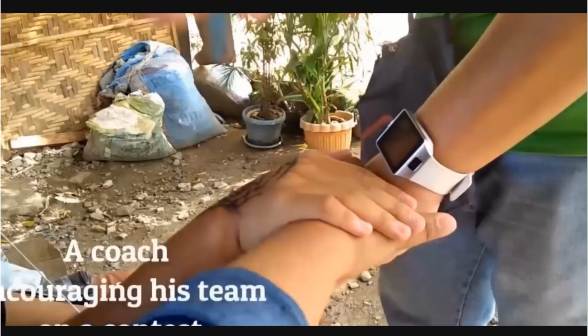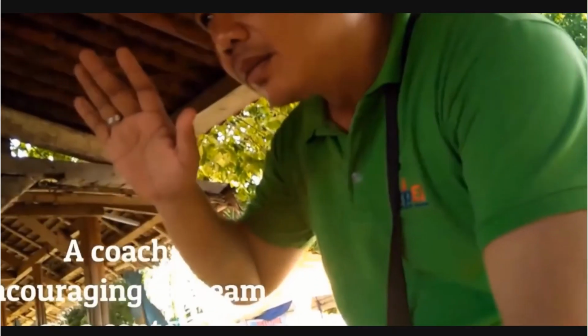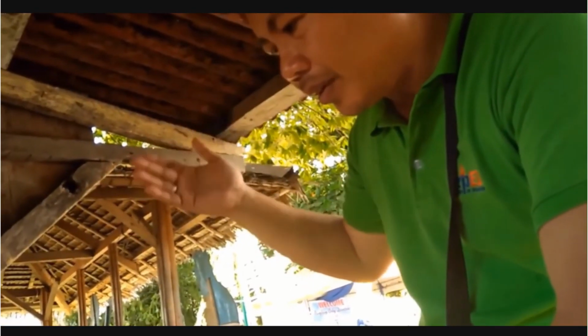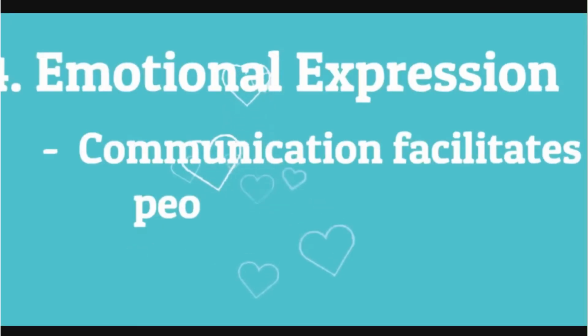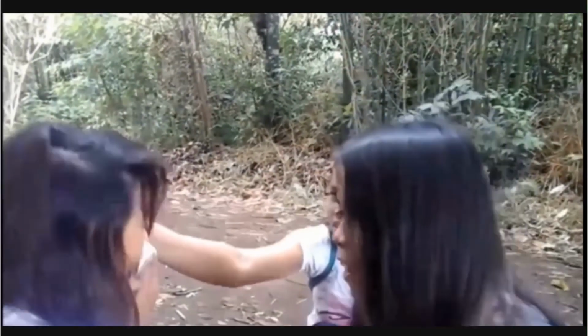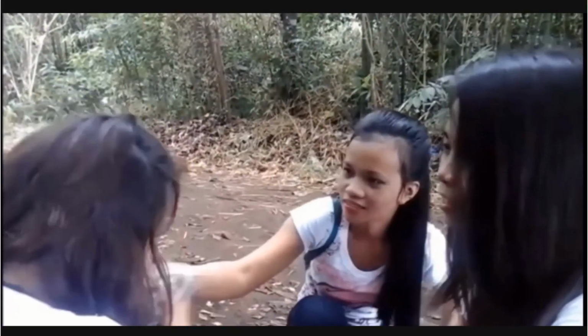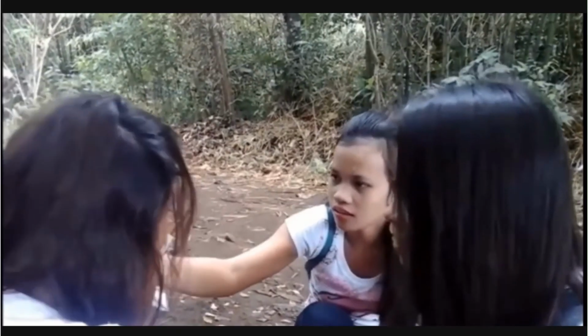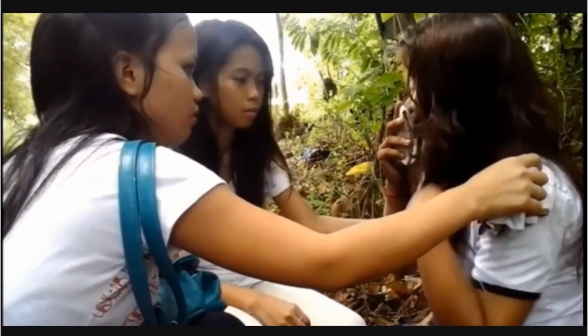An example for motivation is a coach encouraging his team in a contest. The fourth function, called emotional expression, is where communication facilitates people's expression of their feelings and emotions. An example for this is a dramatic scene from a short film entitled Emotional Expression, starring Donicel Paul.